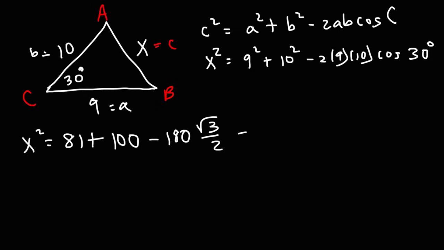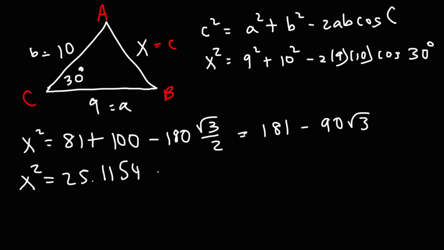So now let's do the algebra. So 81 plus 100 is 181. And 180 divided by 2 is 90. So we have 90 square root 3. And let's type this in. 181 minus 90 square root 3. That is 25.11542732.